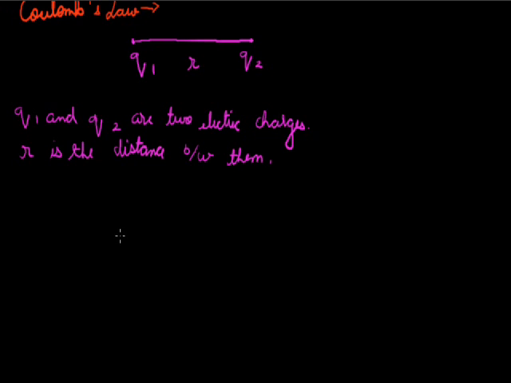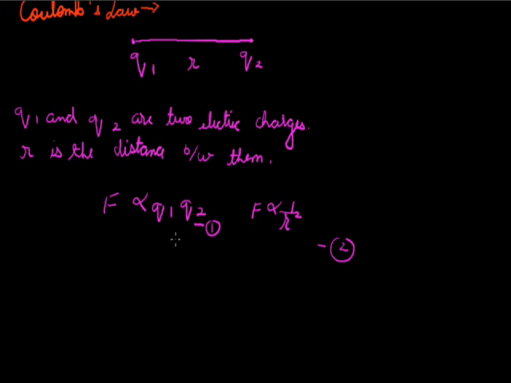According to Coulomb's law, the force of attraction or repulsion is directly proportional to the product of the magnitudes of the charges, that is F is proportional to Q1 Q2, and it is inversely proportional to the square of the distance separating them. Now we have two equations, equation 1 and equation 2.